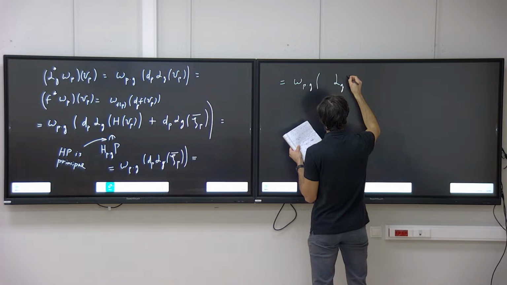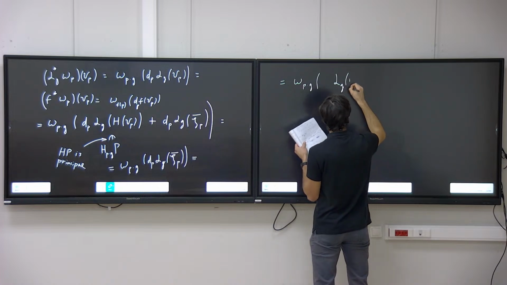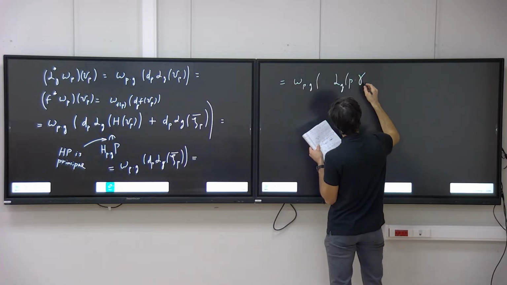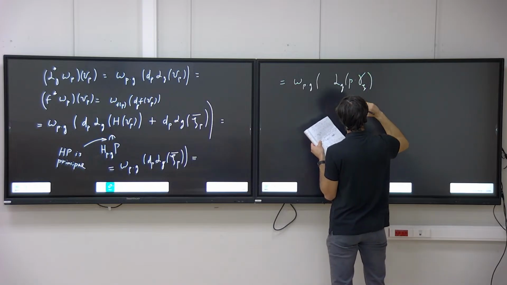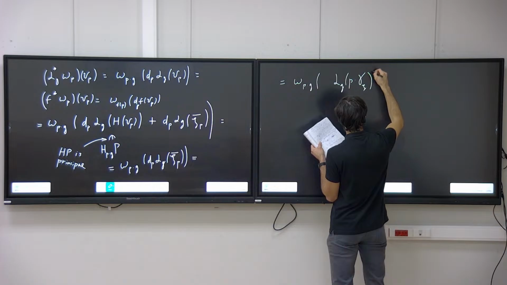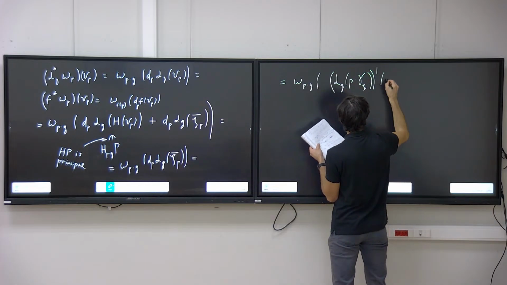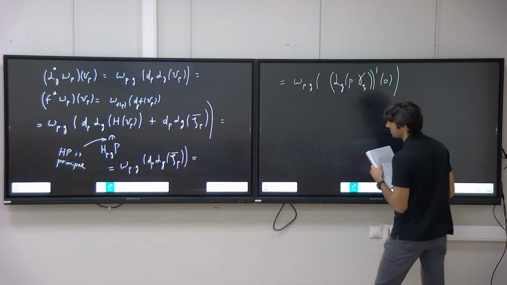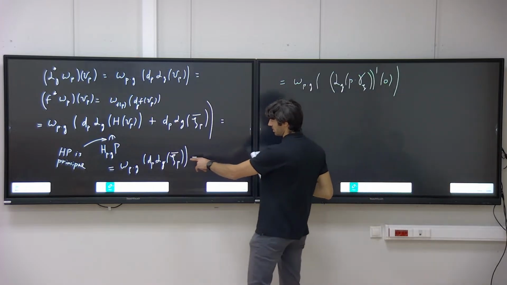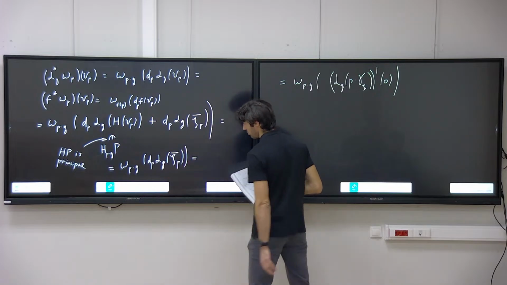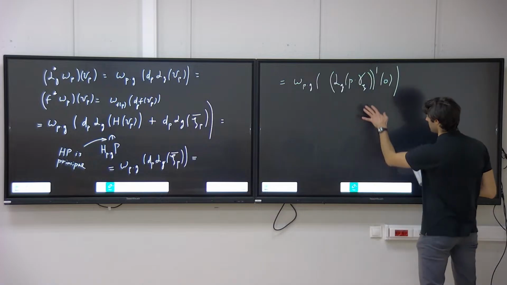I apply alpha g to p dot gamma psi and then take the derivative at 0. It's just the definition of what is psi bar and what is the differential of a map, really.